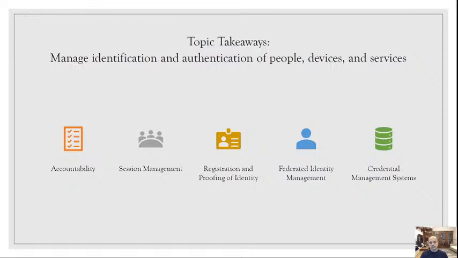So we can use a third-party service also, like a credential service provider, or CSP we call them. They will do the proofing part on our behalf. So that's what proofing of identity is. Depending on the criticality of my job function or the criticality of my organization, I can use different identity assurance levels.